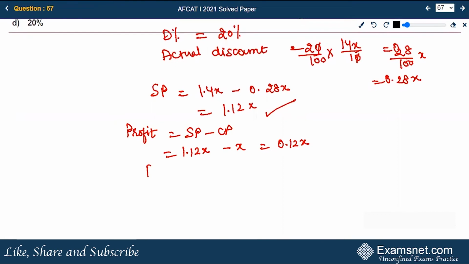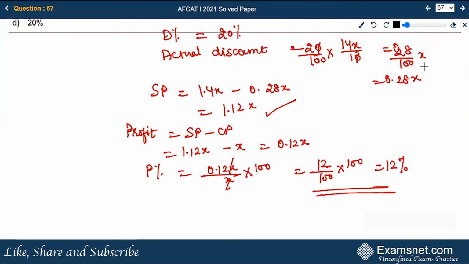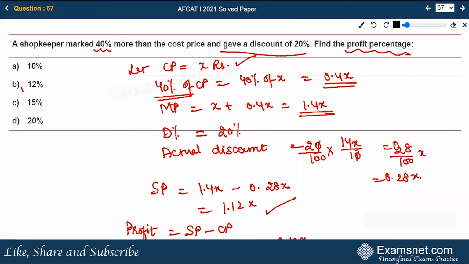So the profit percent is profit upon cost price into 100, which makes it 12%. Answer to this question is option B, 12%.